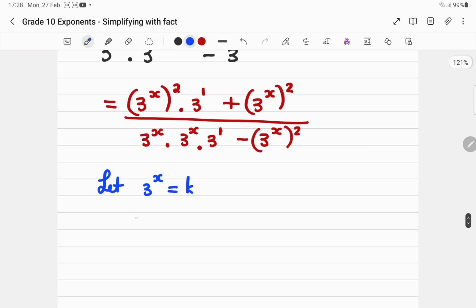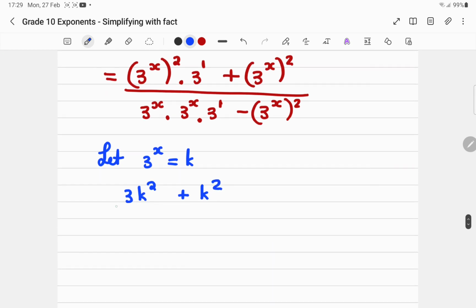Okay, so then I'm left with k squared times 3. So I can rewrite that as 3k squared plus k squared, all over, at the bottom, 3 to the power x is just k, so it's k times 3 minus k squared.